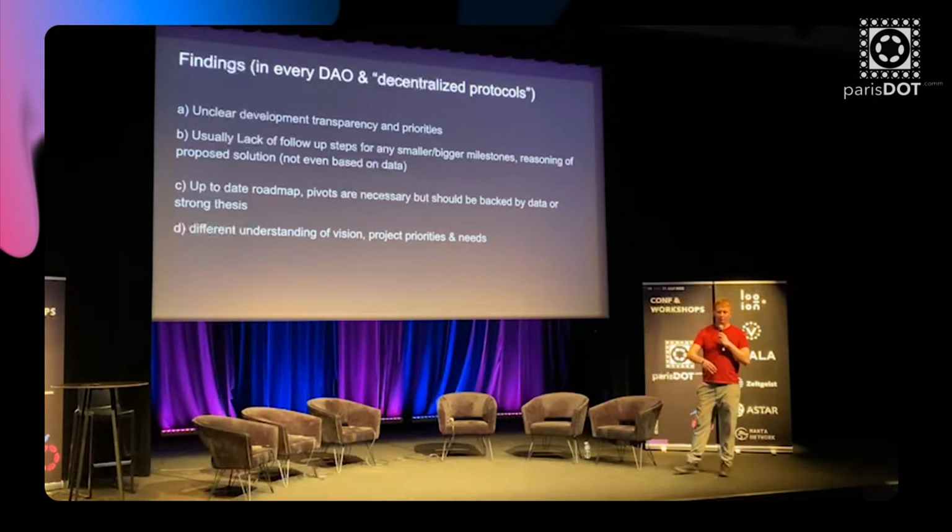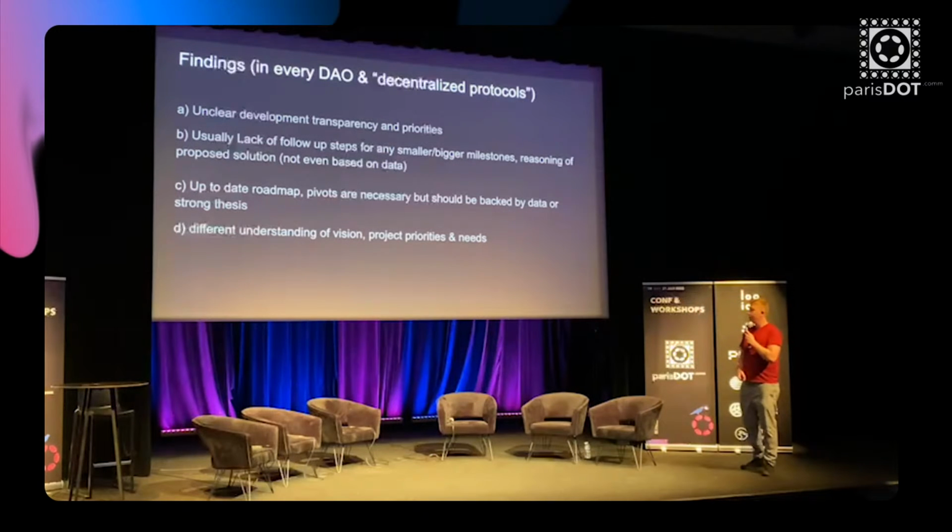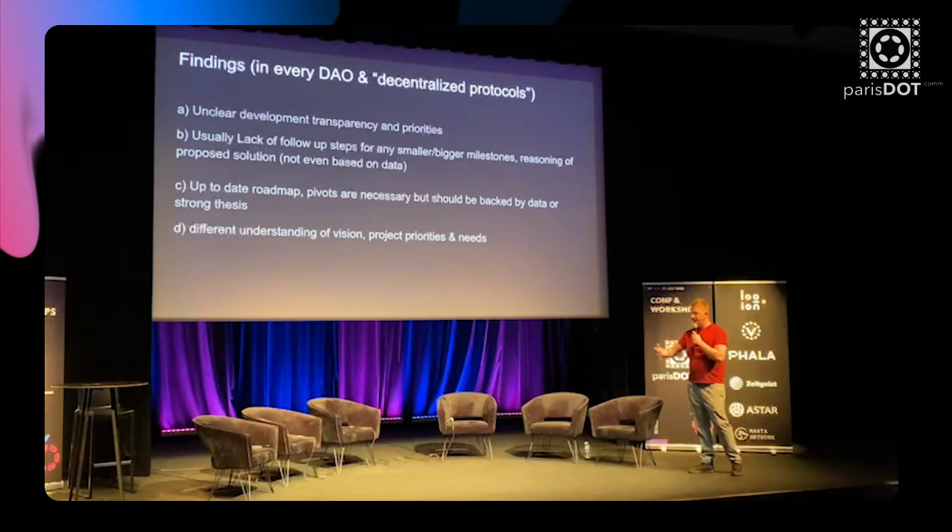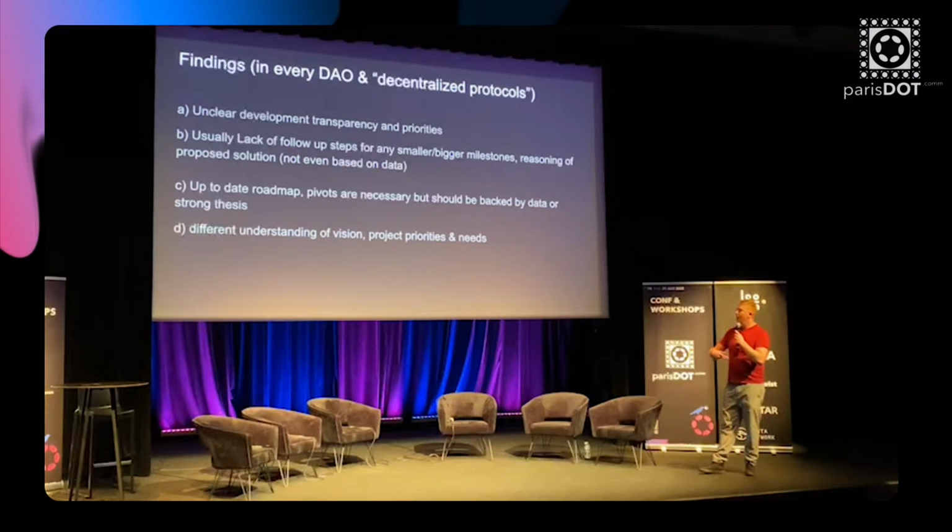So I was digging into the few working DAOs, and that's basically what I found out: unclear development transparency and priorities decrease your ability to plan properly. Also, usually there is a lack of follow-up steps for smaller or bigger milestones, and of supporting reasoning for proposed solutions, like why we need to change direction, why we need to pivot, why we need to introduce this, or why we need to scratch this.